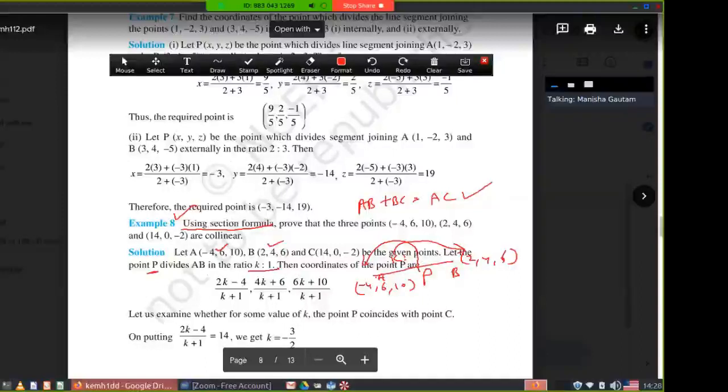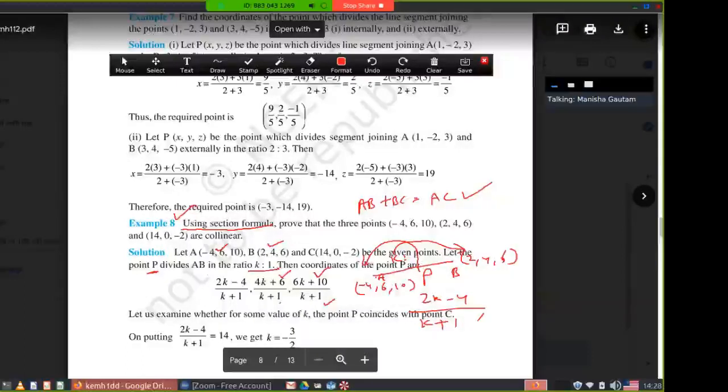It means that is 2K - 4 upon K plus 1. That's the first coordinate. The second one will be 4K plus 6 upon K plus 1. 6K plus 10 upon K plus 1 is the third coordinate.